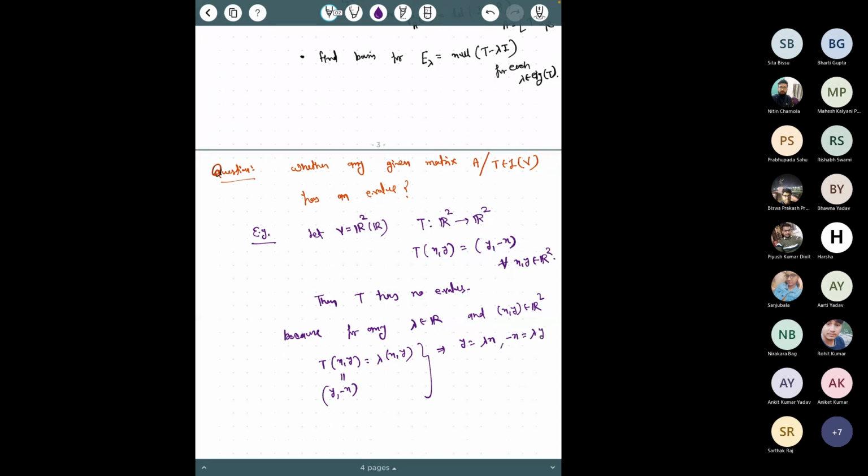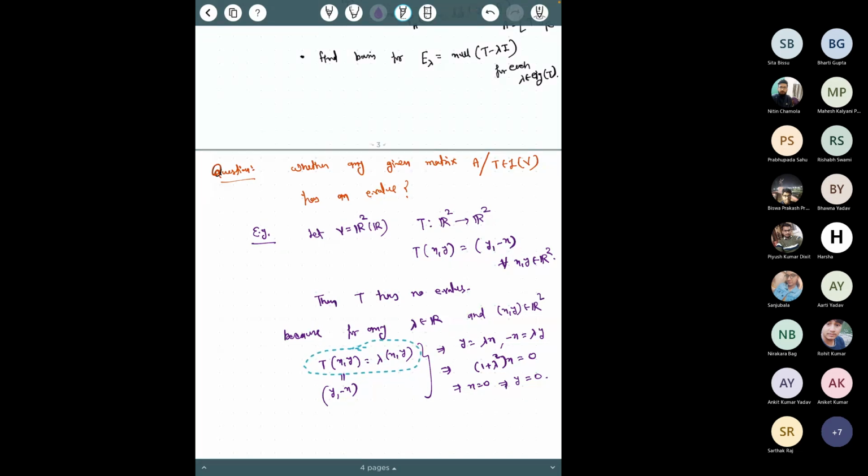Now lambda is a real number, so 1 plus lambda square cannot be 0. It is always positive. So this implies x is 0. But y is just lambda times x, so this implies y is also 0. So whenever such an expression is true, x and y both are 0. So it's a zero vector, so it cannot be an eigenvector, and this is true for any lambda.